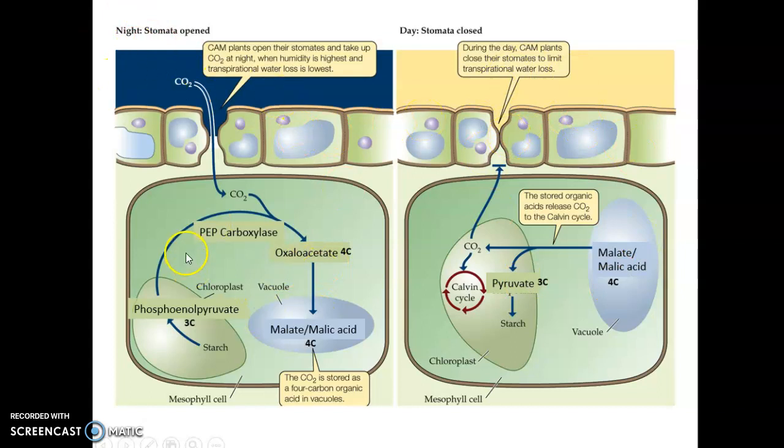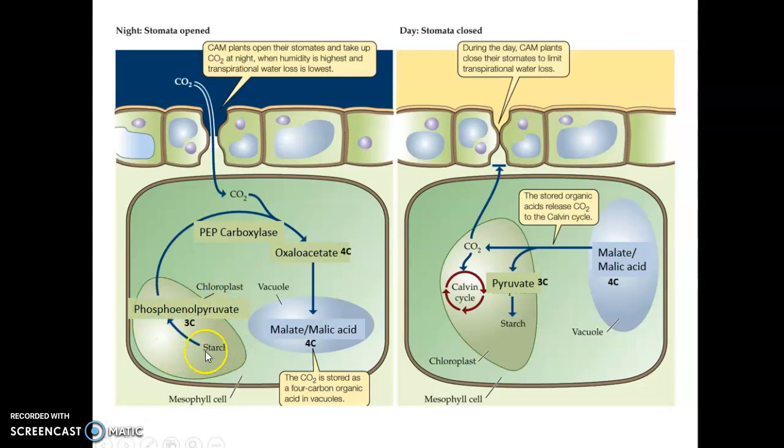For the first carbon fixation at night, the CAM plant opens its stomata. Carbon dioxide from the atmosphere enters the mesophyll cell. The first carbon fixation occurs when the carbon dioxide is fixed with phosphoenolpyruvate, which is formed after starch is converted to phosphoenolpyruvate at night.